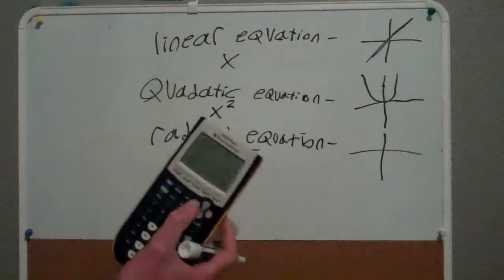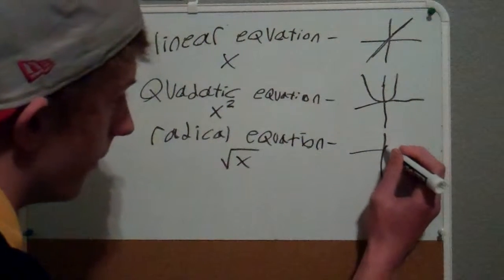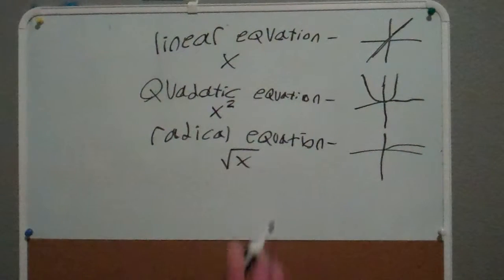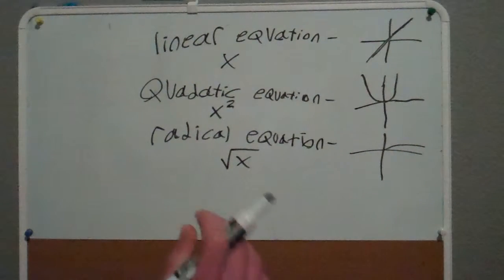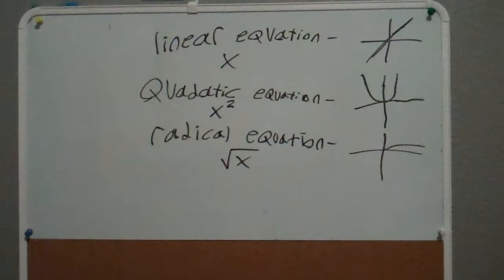Then press enter, and then graph. It's going to look like this. It always starts at a point, and then it goes on as long as possible. It'll just be an infinite equation, never ends.